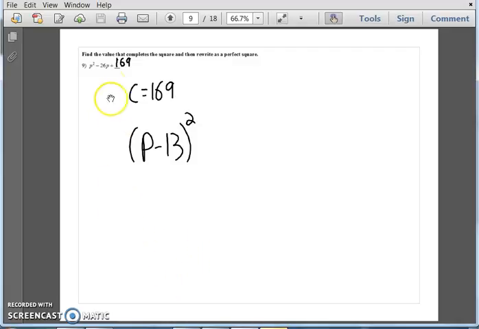So I cut b in half, that's negative 13, and I square that. Negative 13 times itself, 169. Then factor this. Well, you can find two numbers that multiply to 169 and add to negative 26, or you can remember that when I cut b in half and got negative 13, that is the number that goes in my binomial. So that is all you have to do for that particular problem.